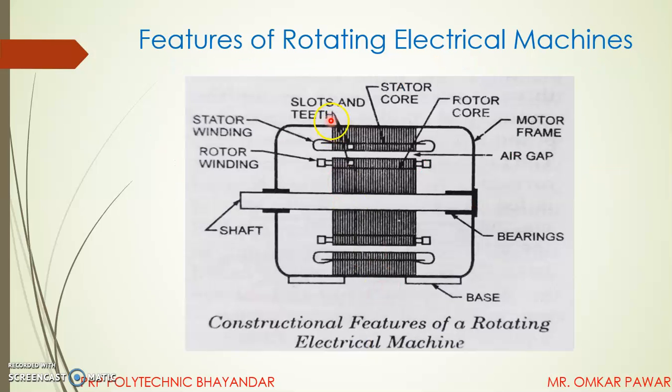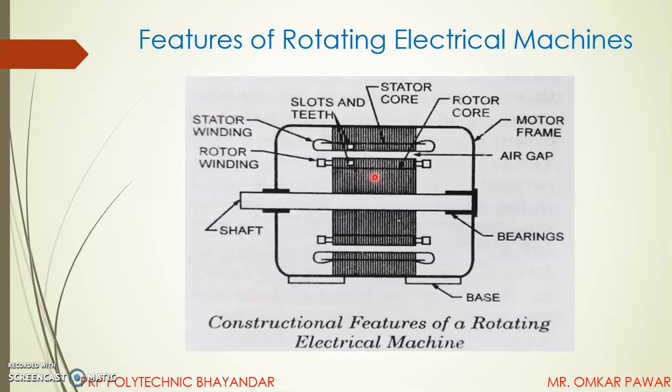So there are some basic features of rotating electrical machines. Any rotating machine consists of a shaft, a stator part which is stationary and connected to the frame, and rotor. Rotor means the rotating part which is mounted on the shaft. Stator consists of different types of windings, connected in star or delta, and rotor consists of different types of rotor structures.